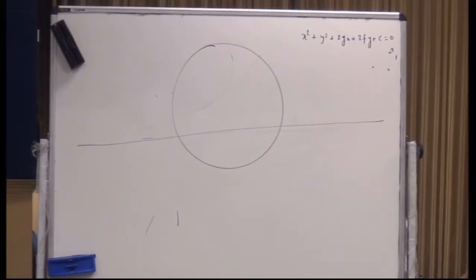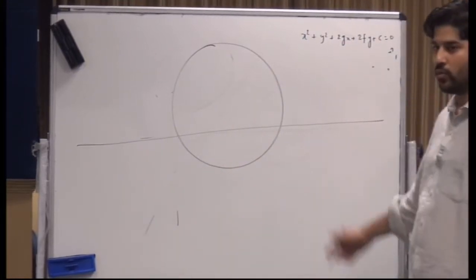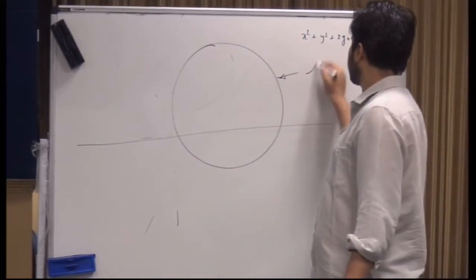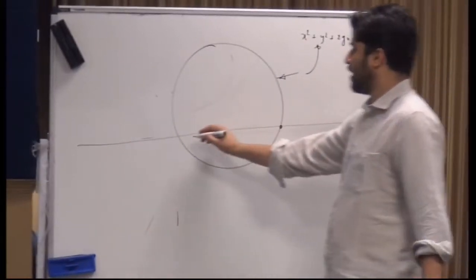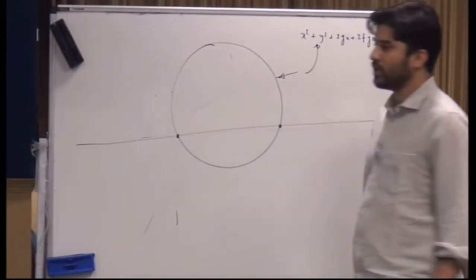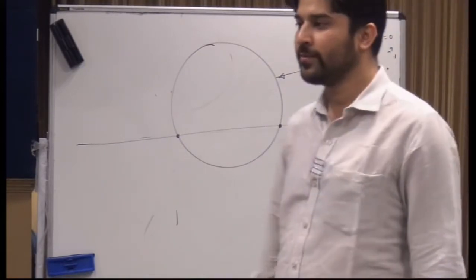Okay, so you have this circle and you have this x-axis, right? What is the equation of this circle? This is the equation, right? Now let's say I must find these two coordinates to get my length, right?